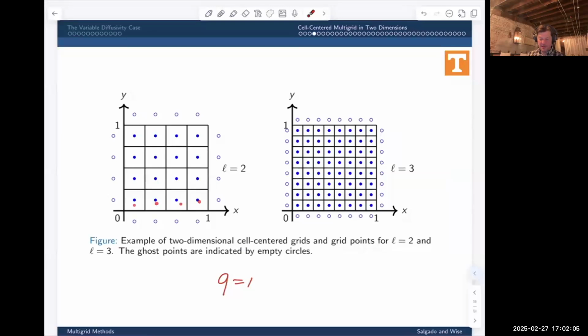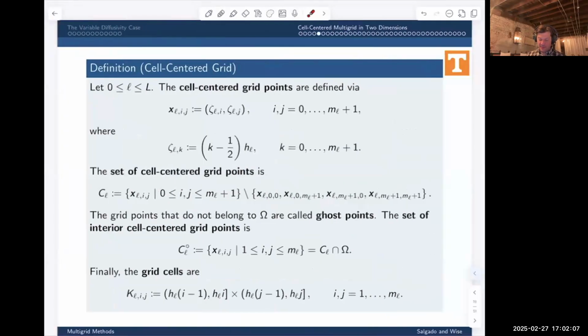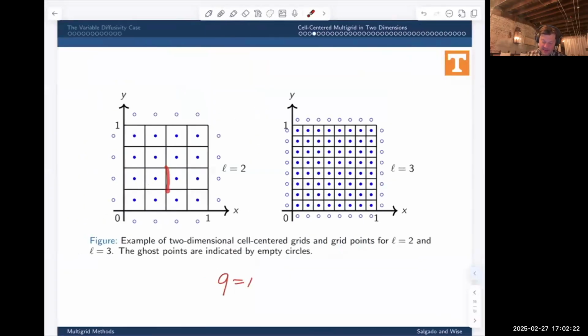If I take the set of cell center grid points and I intersect them with omega, then I simply get all of the interior cell center grid points. Now the grid cells themselves are these sets. That's what we call a grid cell. And so that's why we call it the cell center method, because we're looking at points that are evaluated at the center of the cell.